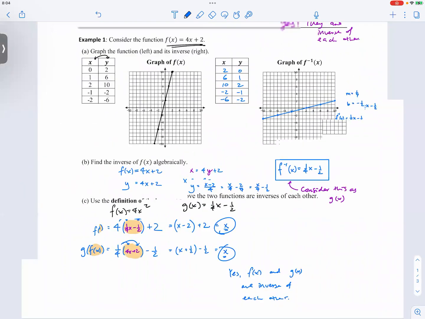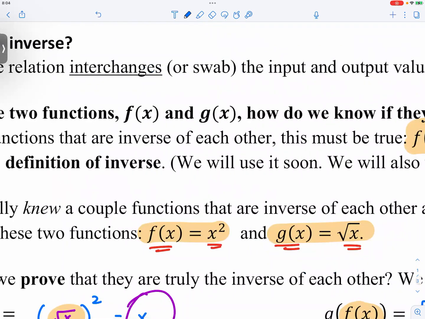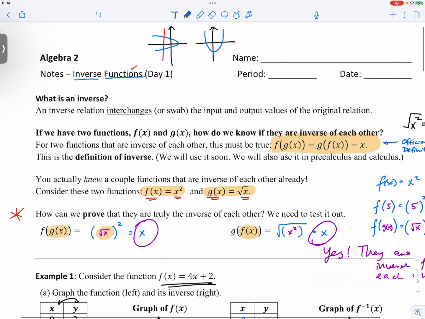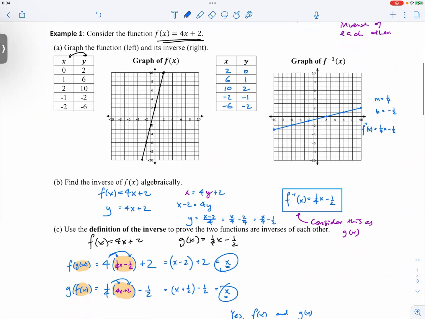And this is the reason why I told you that you knew example pairs of inverse functions already, because you know about x squared and square root x. Okay, so if you can use that as your go-to example, the understanding of inverse would be a lot easier.